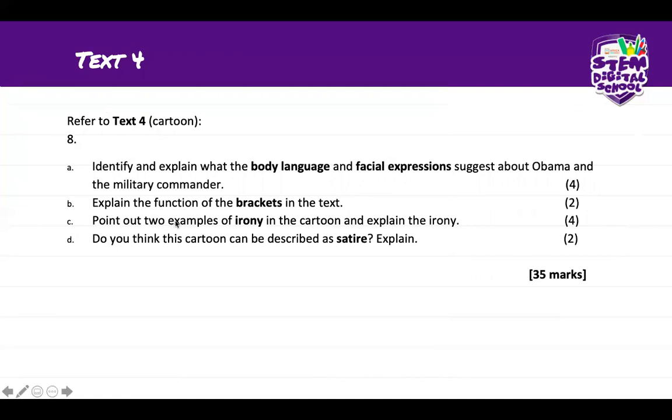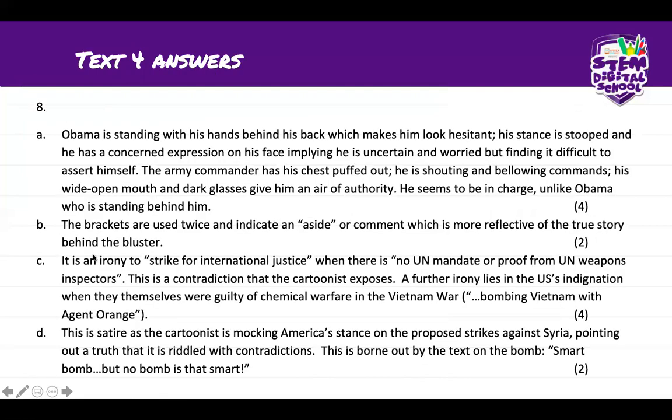Point out 2 examples of irony in the cartoon and explain the irony. It is an irony to strike for international justice when there is no UN mandate or proof from the UN weapons inspectors. Yes, it's ironic because you're striking for international justice, but at the same time there is no mandate from the United Nations and no proof from the United Nations weapons inspectors.